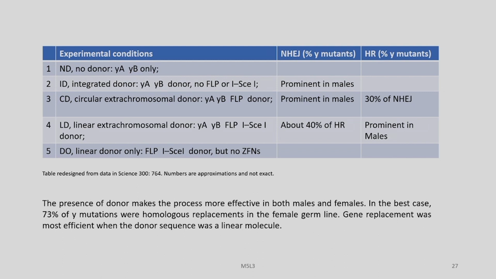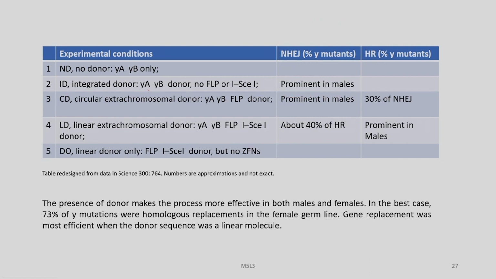In the first case, there are no donors, only the ZFN constructs, and you do not get any kind of mutants here. And in the second case, they use integrated donors and then YA and YB donor, but there were no FLP or I-SceI. So, this kind of mutants were prominent in males under the non-homologous end joining pathway.